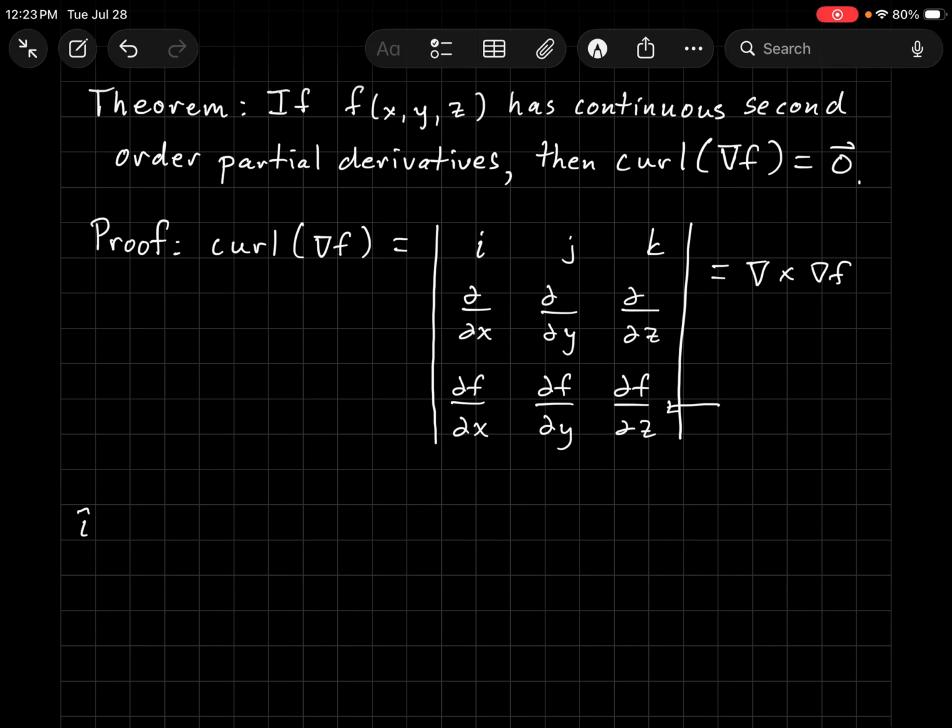So we're going to get i, and then the partial squared of f, y, then z, minus partial squared of f, z, then y. And we could continue.